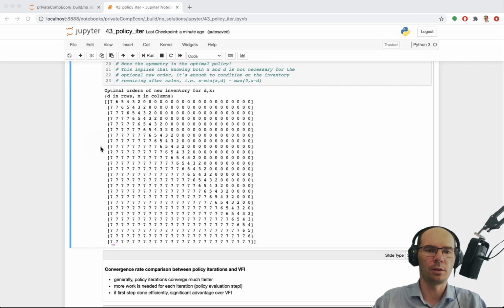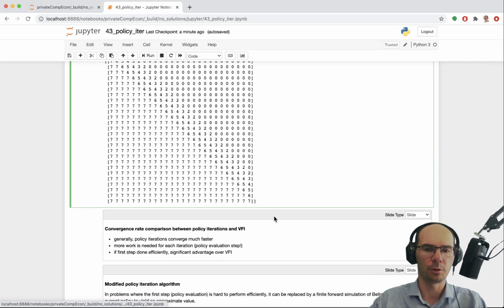Every time that d is larger than x, we have the same value of the policy, and it's only in the upper triangle that something happens. And because of this symmetry, we can think of the difference between x and d that really, as we showed, matters for the policy.